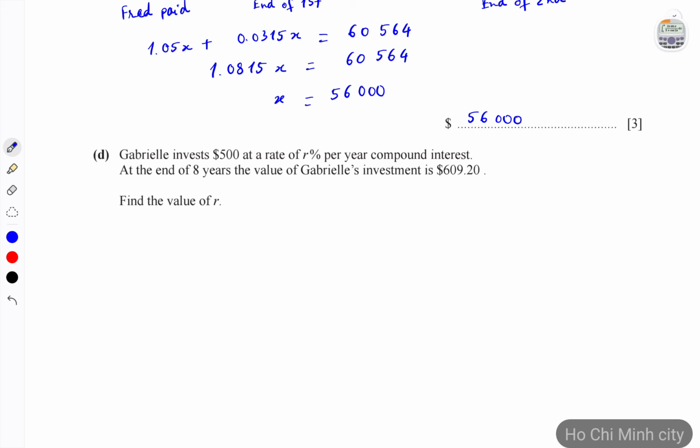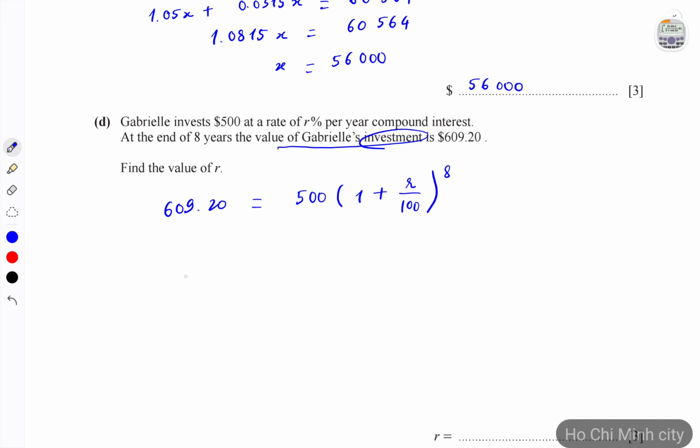So we simply use the compound interest formula. The final amount of the investment, 609.20, is equivalent to the initial amount times 1 plus R divided by 100, to the power of 8. From this, 1 plus R over 100 is the 8th root of 609.20 divided by 500.